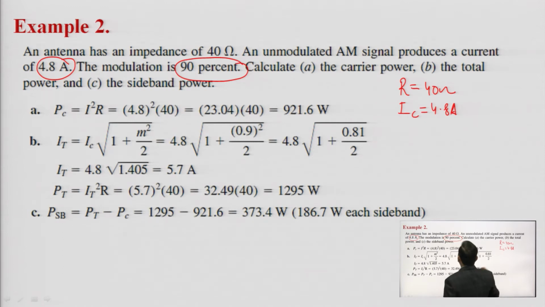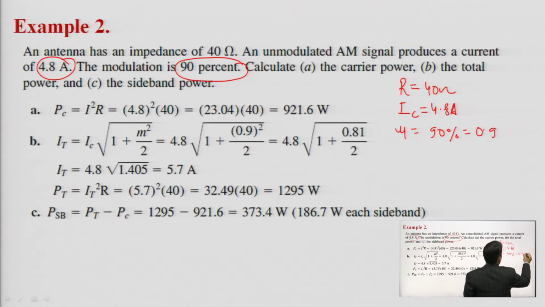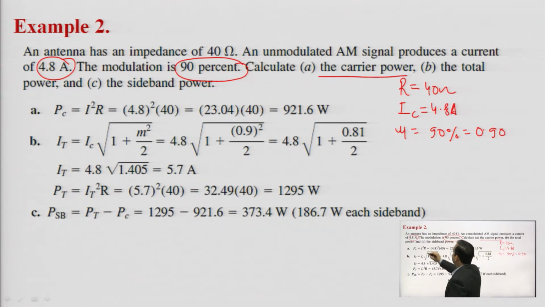Next we have modulation index mu equals 90%, which is 0.9. Now we need to calculate the carrier power, the total power and the sideband power.